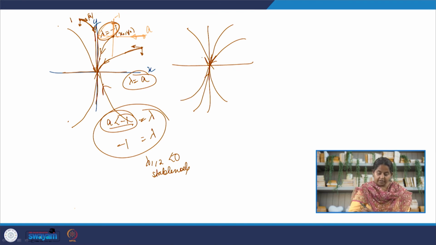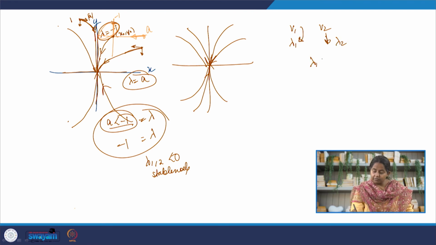In fact, this brings me to a very important point. What we notice is that the trajectories tend to become parallel to the eigenvector which corresponds to the slower eigenvalue, slower eigenmovement. So, let us say we have two eigenvectors v1 and v2, right. The corresponding eigenvalues are lambda 1 and lambda 2.